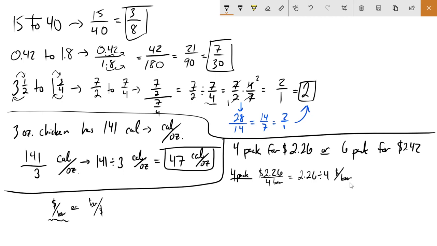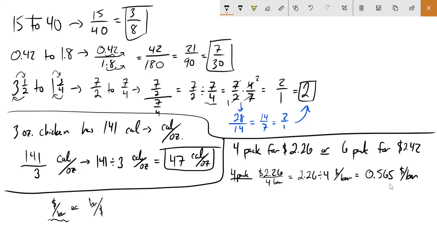What does that come out to be? 0.565. That one doesn't need rounding, right? It comes out directly.